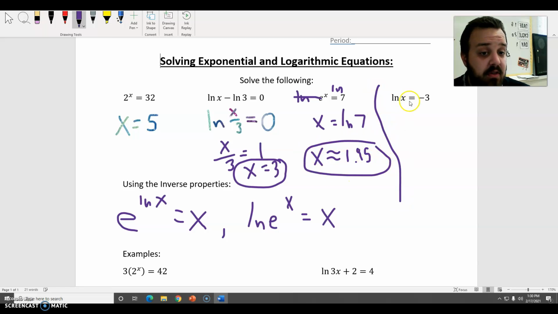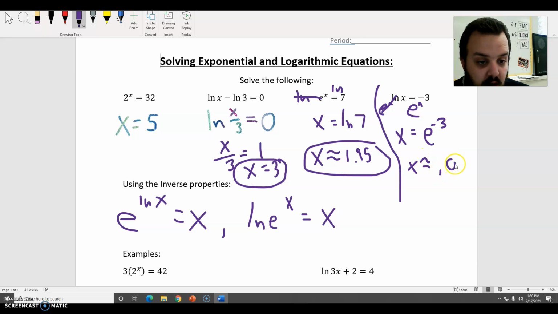Then with this one over here, I would do e to both sides. That is going to get rid of this natural log. So x is going to be equal to e to the negative third, and I can put that on my calculator. e to the negative third is approximately 0.0498.